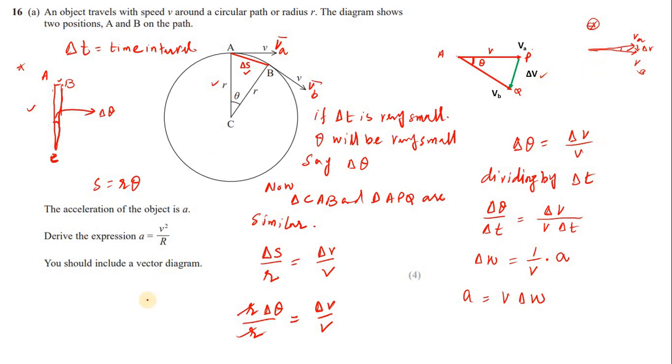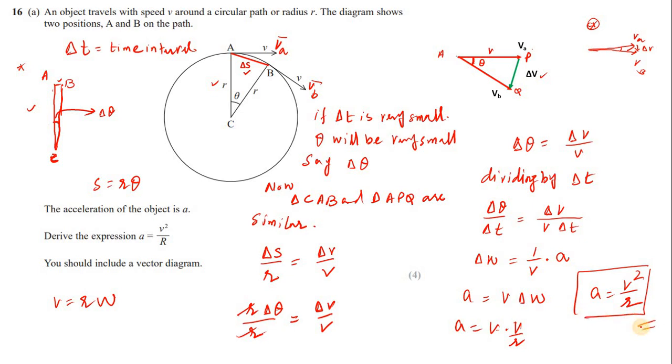So V equals r omega. So A equals V, and this omega can be written as V upon R. Finally, A is equal to V square over R. That's how you can derive it.